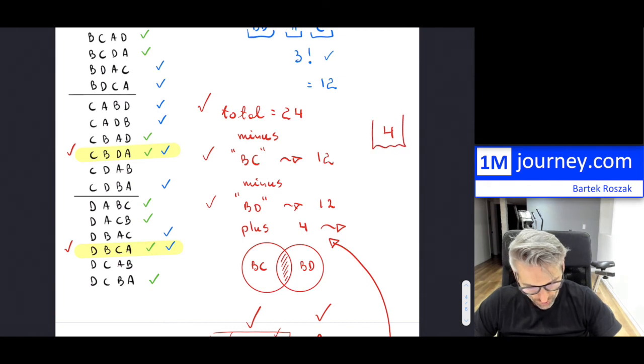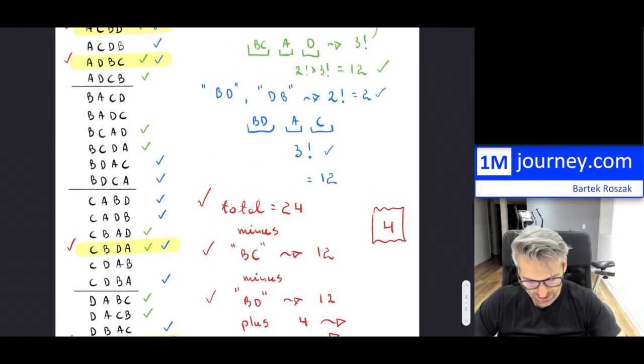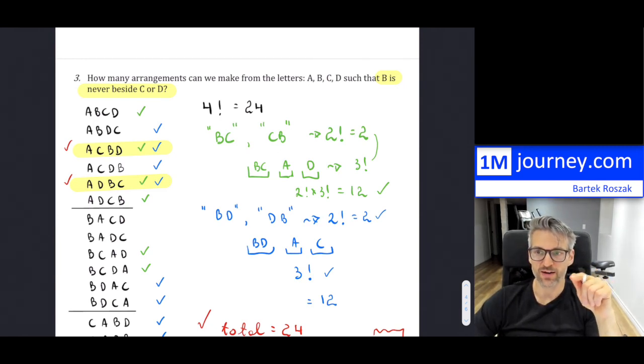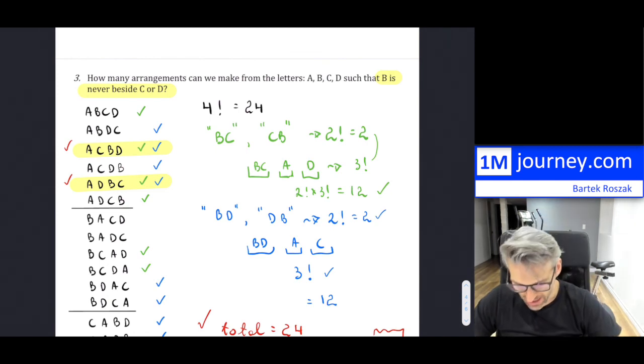So in total, if we did this entire thing, the answer is actually 4. There are only 4 ways, coming back to the original question, that you can arrange the A, B, C, and D such that B is never beside C or D. Now it's a difference if they say B never beside C and D, but when they say or, we have to go through this entire process. And yes, that's indeed so.